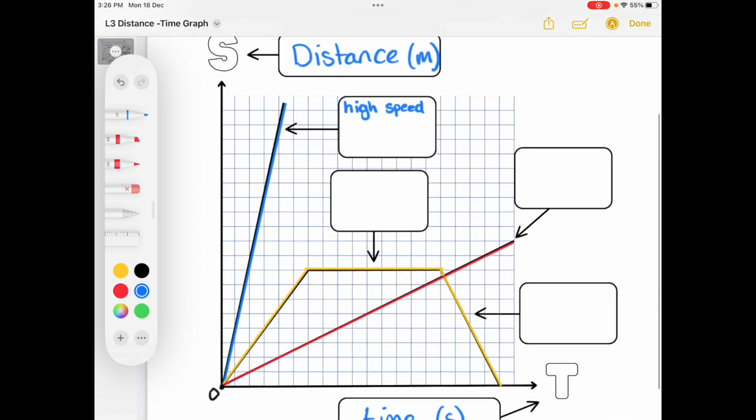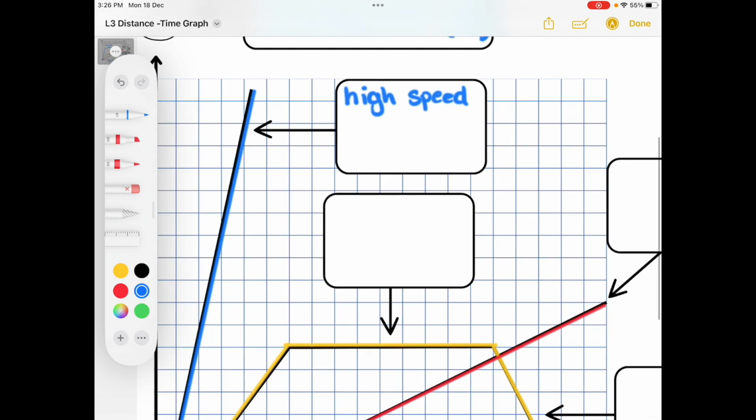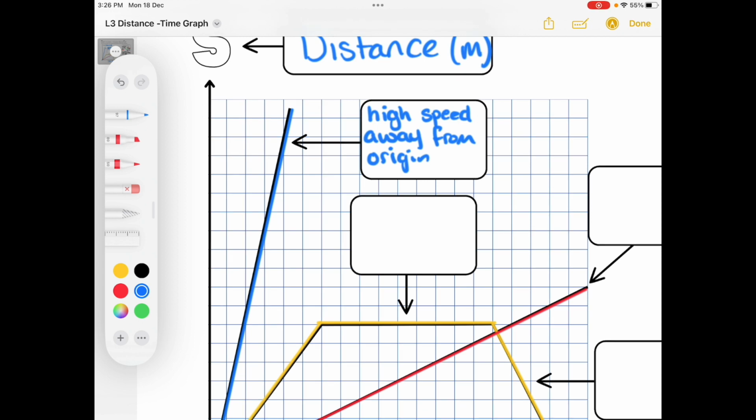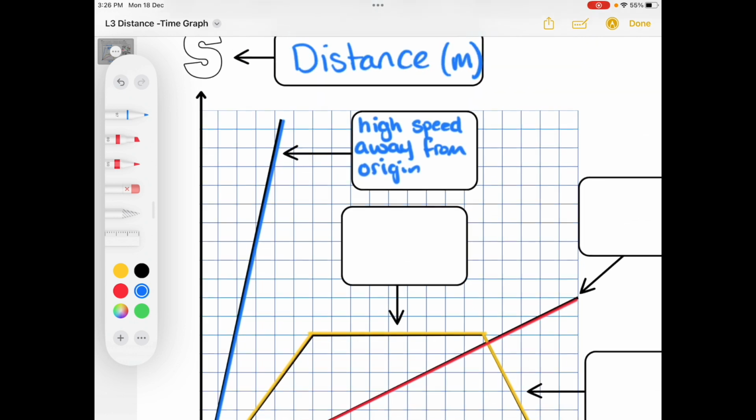And if we think about our 0 down here as our starting point, this is moving away from that starting point, away from the origin. Okay, and actually, if we think about that gradient, it's got a constant gradient.